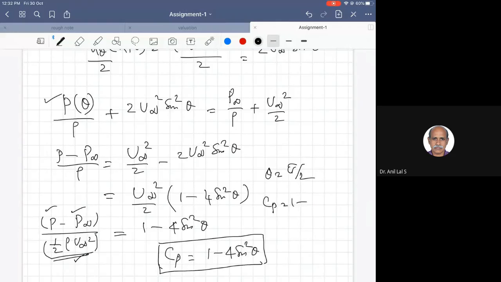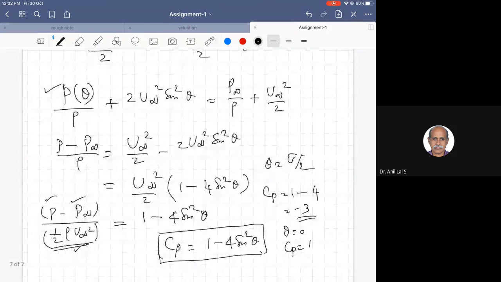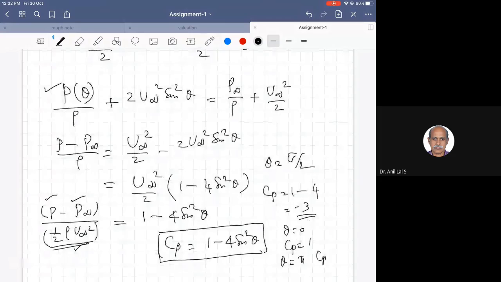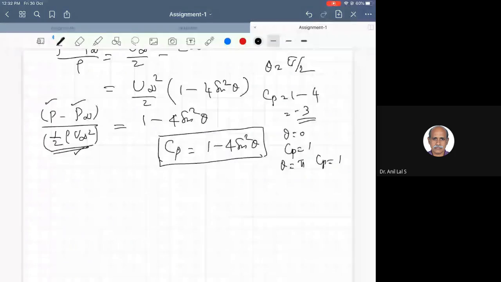Cp is equal to 1 minus 4, which is minus 3. When theta is equal to 0, Cp is equal to 1. When theta is equal to pi, Cp is equal to 1. That way you can plot the variation of Cp over the surface of the cylinder.